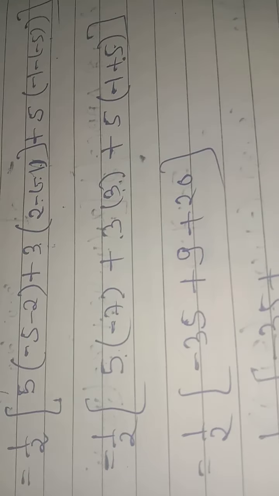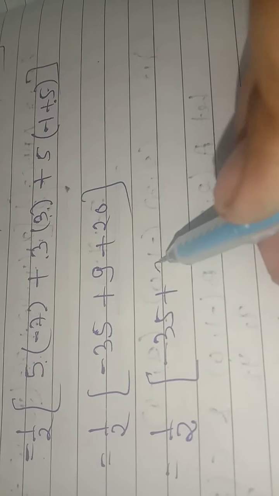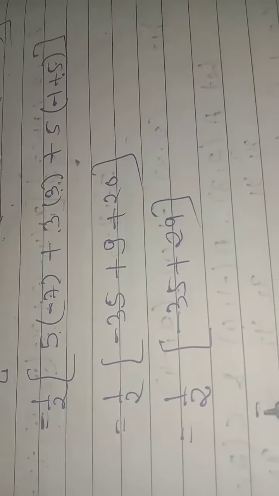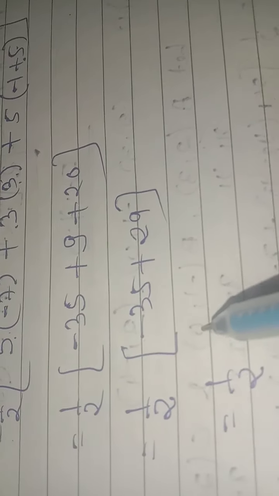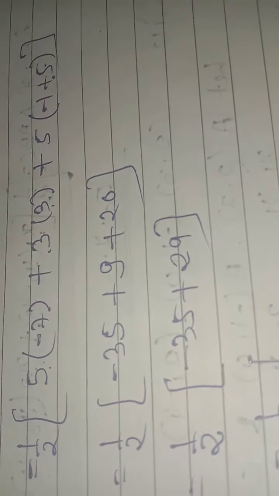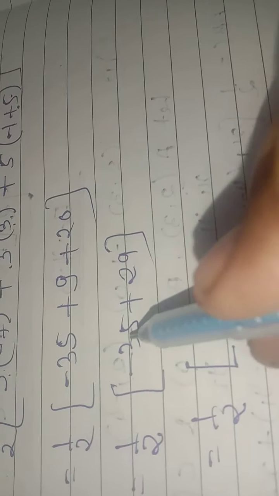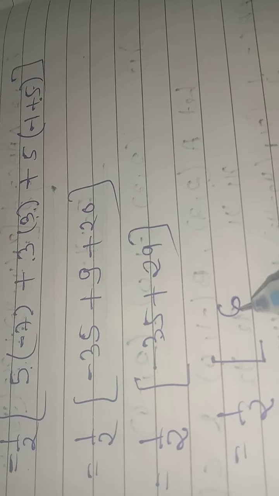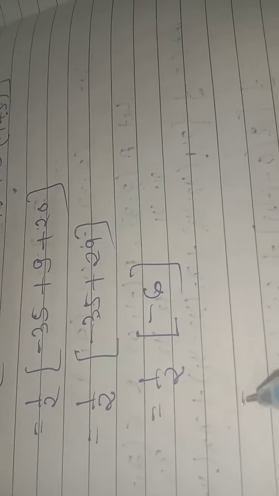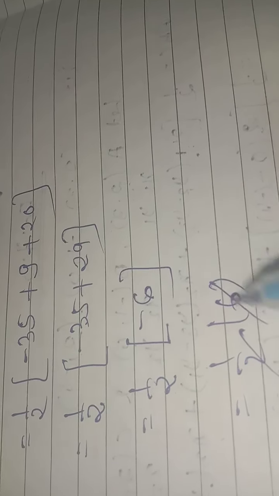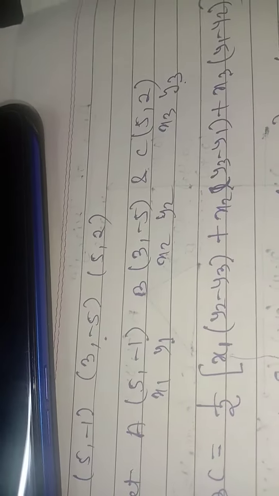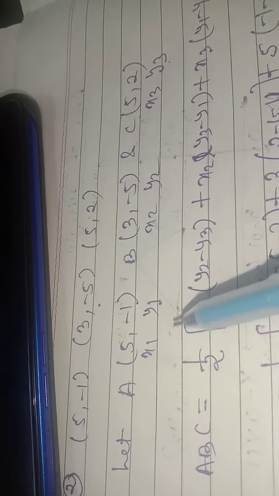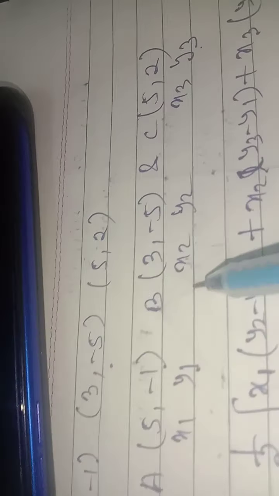So minus 35 plus, it is 29, 1 by 2, if we subtract minus 6, so remove it, it is 6, so 2 3s are 6. Just check the value once again. A is 5 minus 1, B is 3 minus 5.